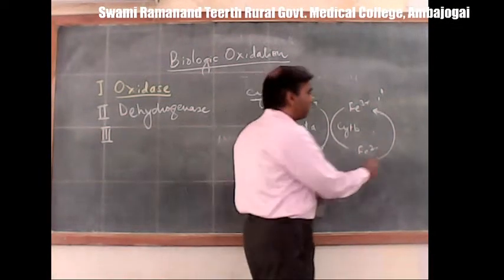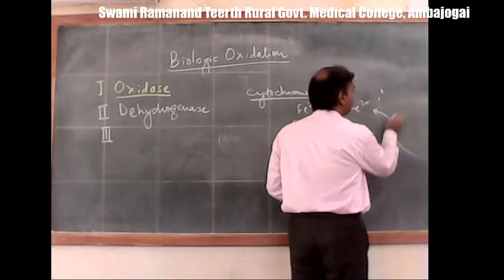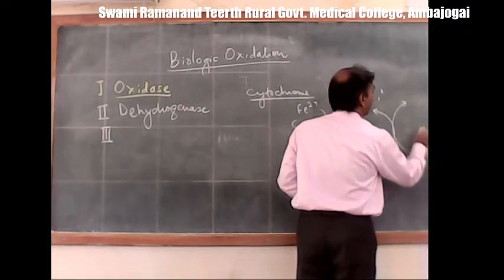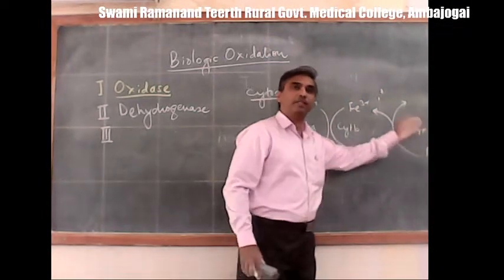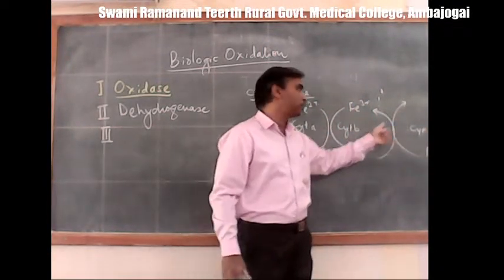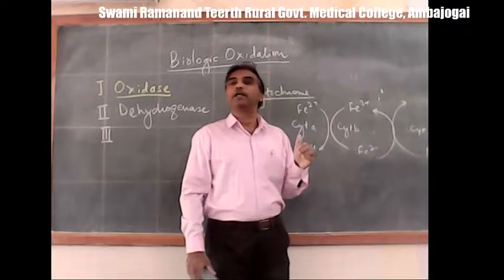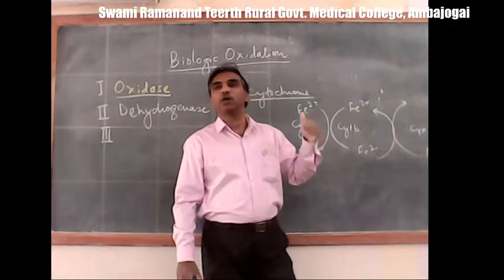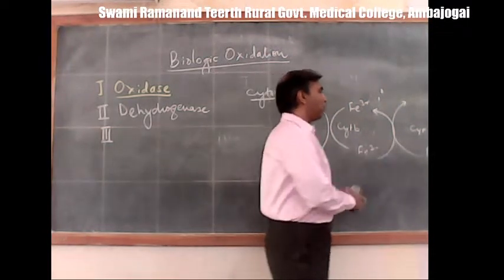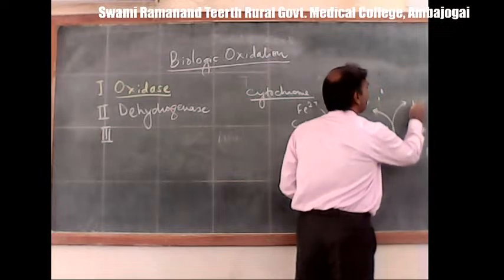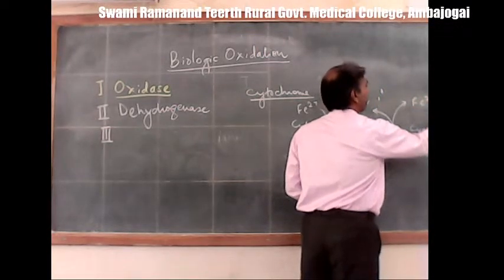This ferrous form again gives one electron, that is accepted by cytochrome C. This is A, B, C as an example. This is not cytochrome A, cytochrome B or cytochrome C. This is just a chronological order A, B, C. So this will give one electron, another ferric form is converted into ferrous form.